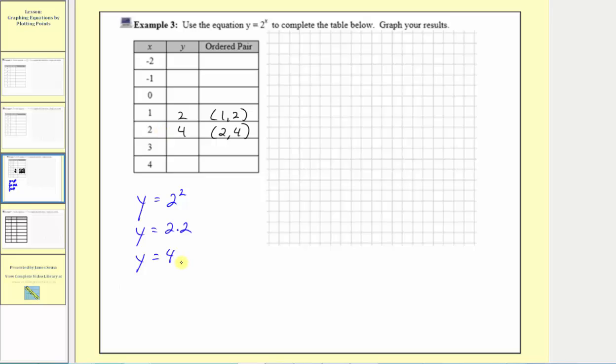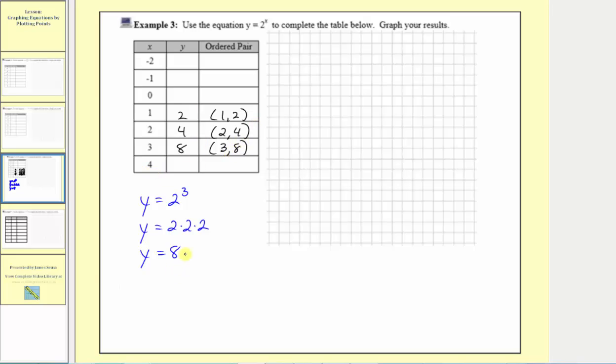The next input is 3. So the corresponding output or y value is y equals 2 raised to the power of 3, or 2 cubed. So here we have 3 factors of 2. So we have y equals 2 times 2 times 2, so y equals 8. Which means when the input is 3, the output is 8. The ordered pair is 3, comma 8.